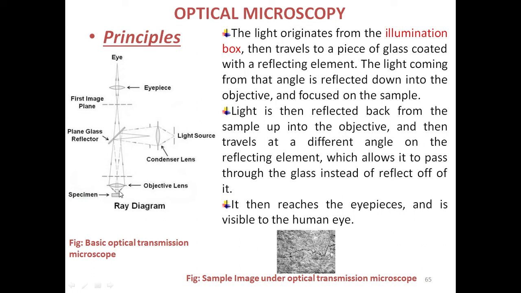The light is then reflected back from the object and travels at a different angle to the reflecting element, which allows it to pass through the glass instead of reflecting off. It then reaches the eyepiece and is visible to the human eye. Here we can see a sample image under the optical transmission microscope.